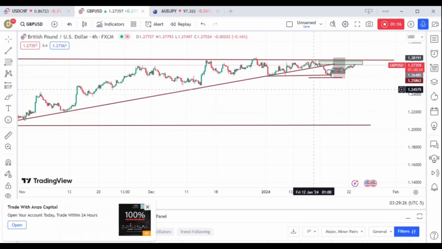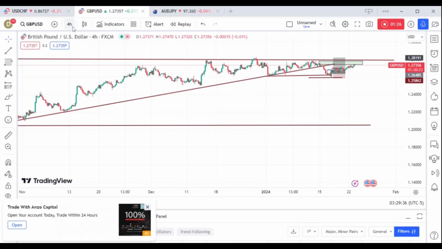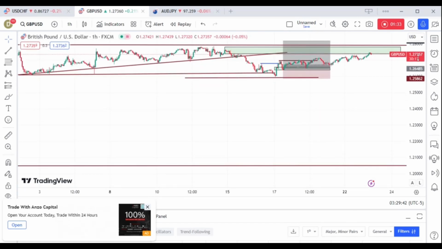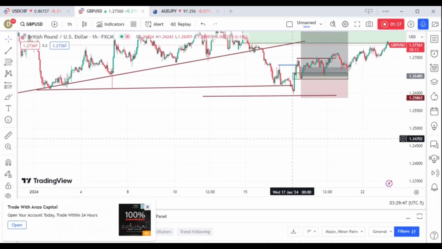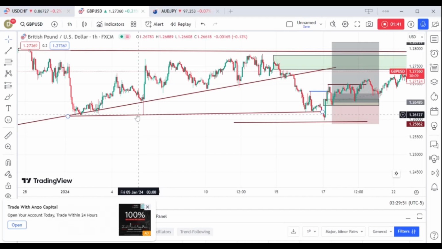Price was simply engineering liquidity and taking out the liquidity. You can see price took out the trend liquidity, took out these equal bottoms here, and then gave us this low here. So you go to the 1 hour time frame here, and you can see clearly that price gave us these equal lows, which is liquidity, and this trend line liquidity as well.